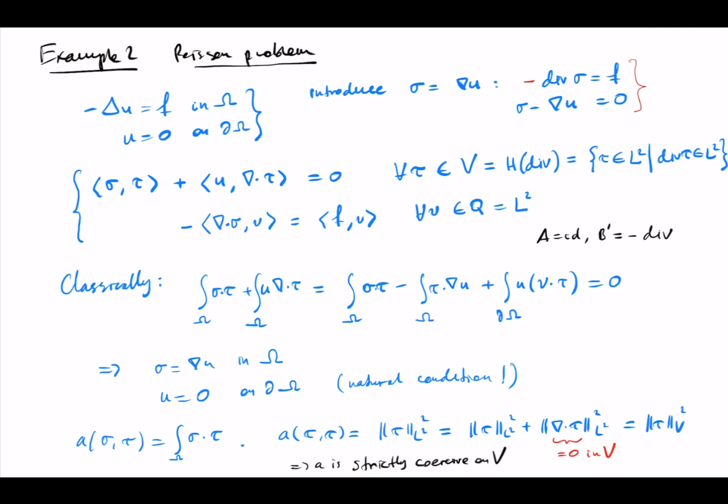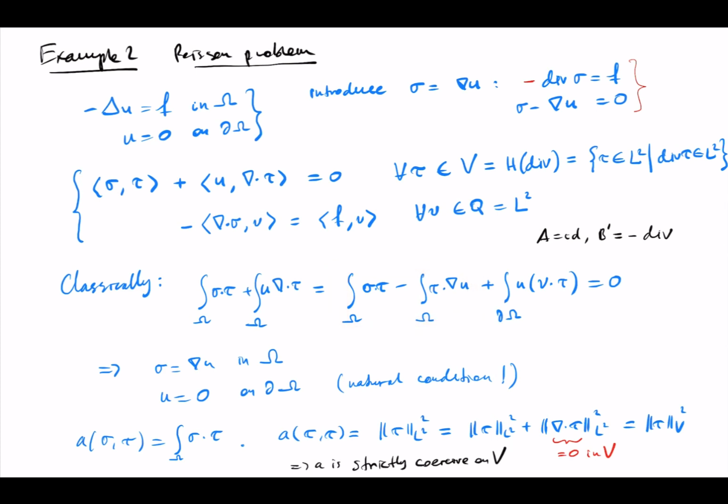Test against tau vector fields that are 0 on the boundary. If you do that, this term will disappear and these two integrals will give us sigma equal to the gradient of u in the domain. Because of that, for all test functions tau, this will basically disappear.